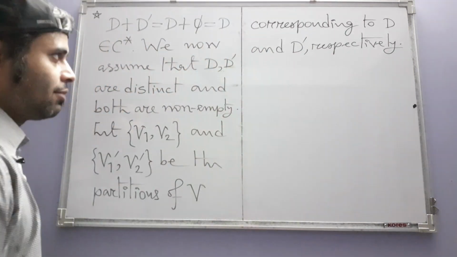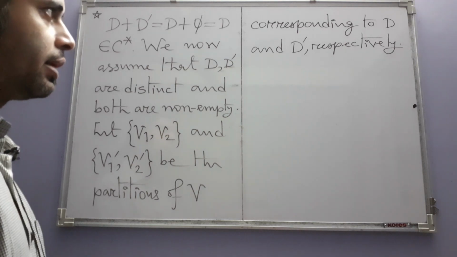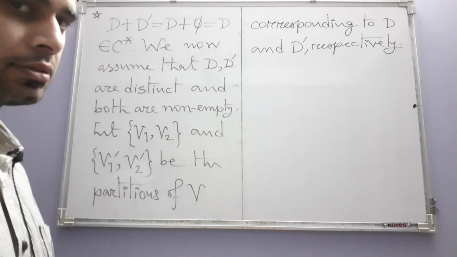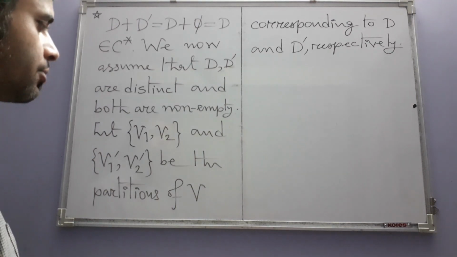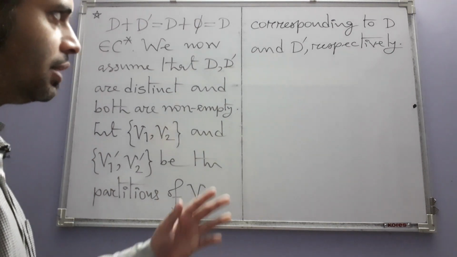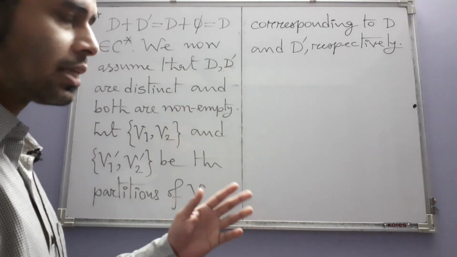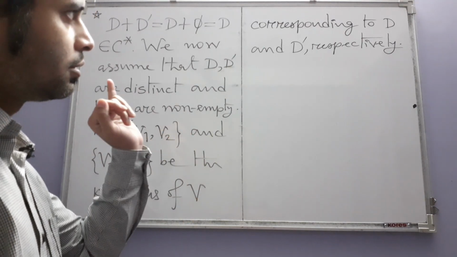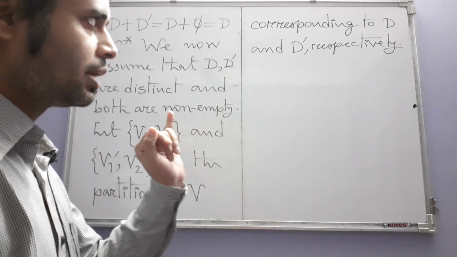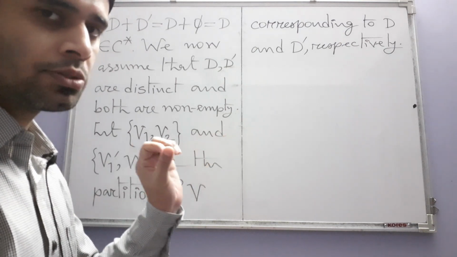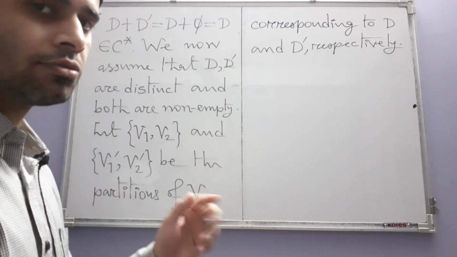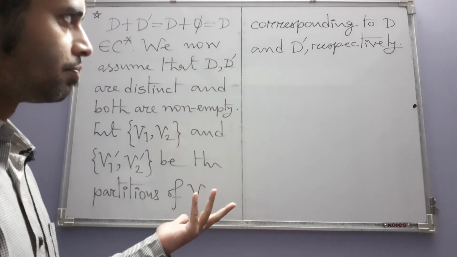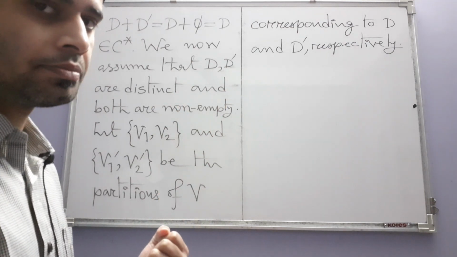Okay, now we want to prove that D plus D prime is also a cut. That's what we want to show. So that means if we take the sum of D and D prime, where we know what we mean by sum, for us vector addition in the edge space means symmetric difference of two sets of edges, because after all these are sets of edges.